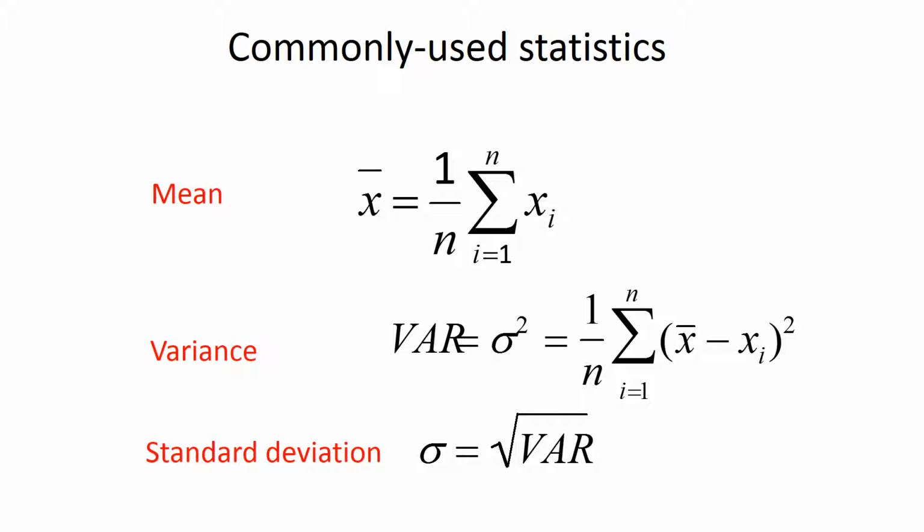So there's this other statistic, which is called the variance. What that's doing is looking at how far each number is away from the mean. I'll just draw that.